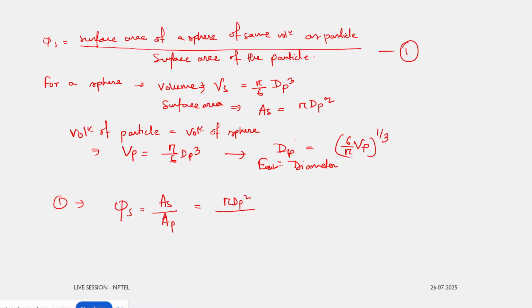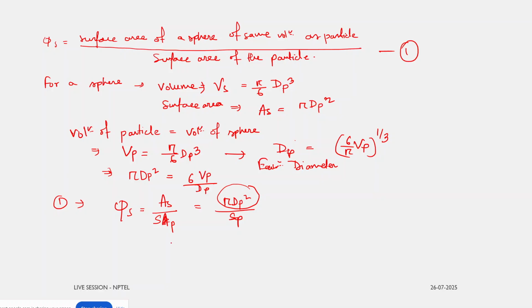Okay, let it be denoted Sp. So we don't know what this value is. So we can incorporate the volume here, like we made from this derivation: pi dp square is nothing but 6 Vp by dp.